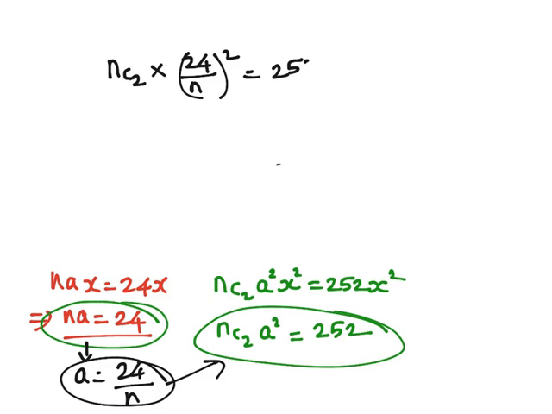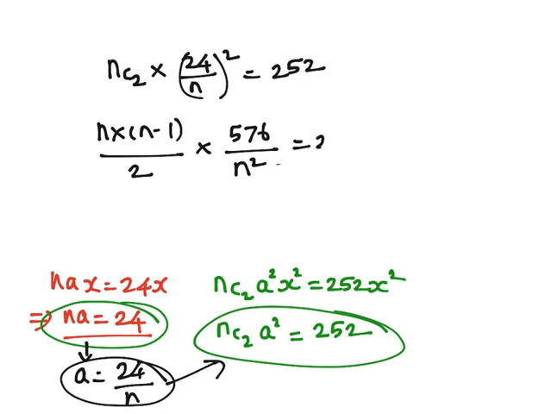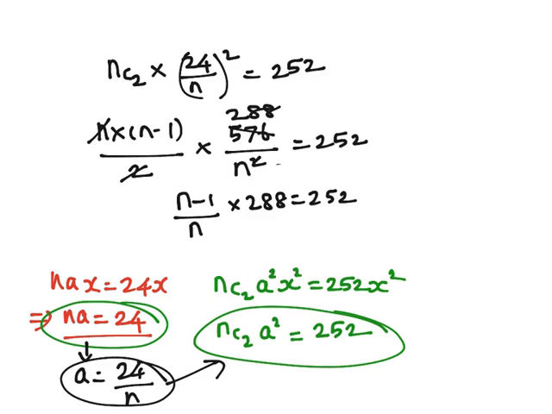So nC2 is nothing but n times (n minus 1) by 2, multiplied with 24 squared, which is 576, divided by n squared, equal to 252. So I can cancel one n and n here, and cancel this 2 also. So I'll get 288 into (n minus 1) by n equal to 252, which basically means (n minus 1) by n equals 252 by 288.